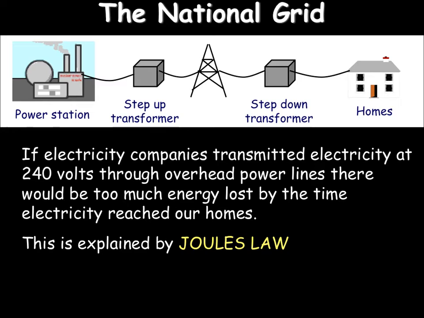Now, why bother? Why not just send everything at 240 volts? And the reason can be explained by a certain London brewer called Joule. Mr. Joule came up with his first idea of how energy was related to current very early on.